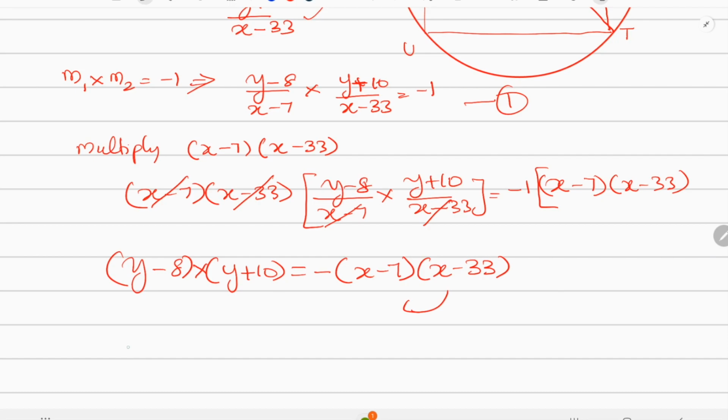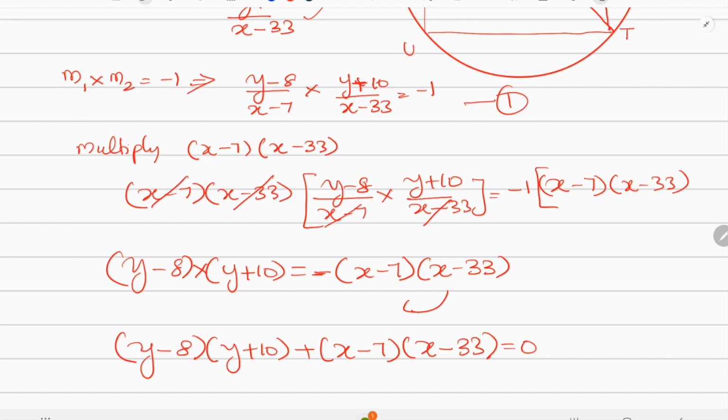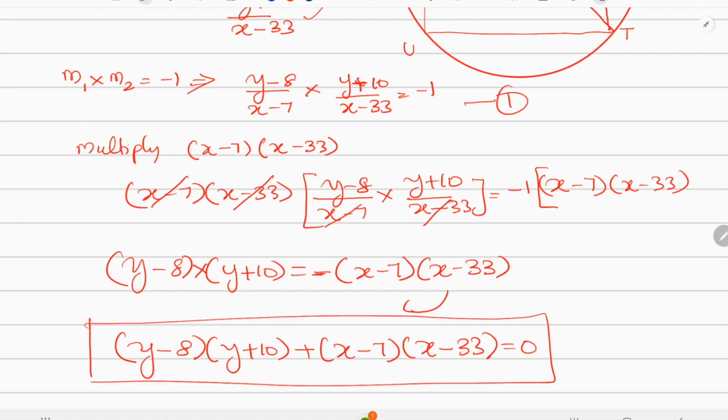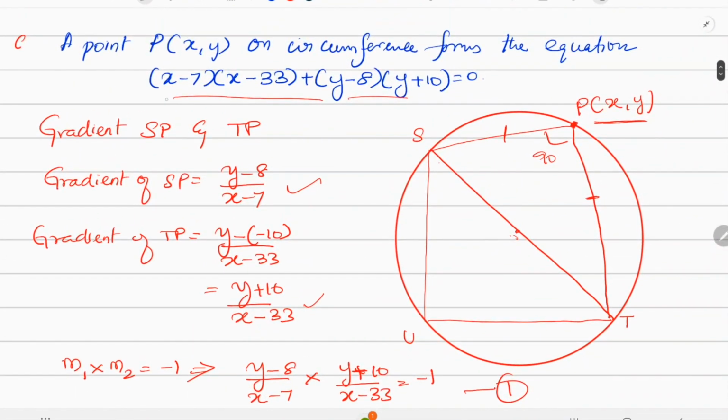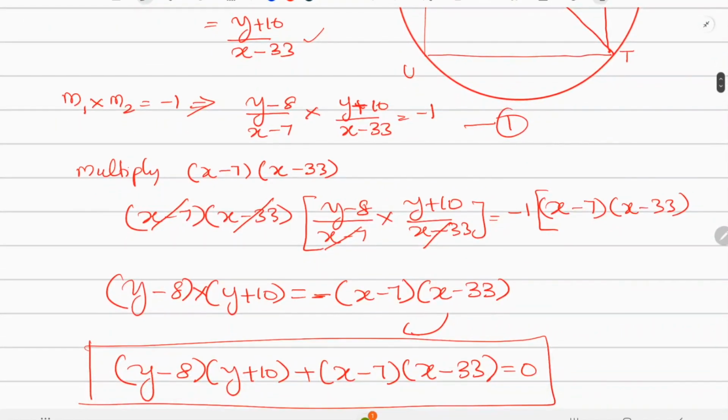We get y minus 8 into y plus 10, plus, this minus symbol will become plus, x minus 7 into x minus 33, equal to 0. This is what we need to bring. See here, the same: x minus 7, x minus 33, y minus 8, y plus 10. So both are in the same form as required.